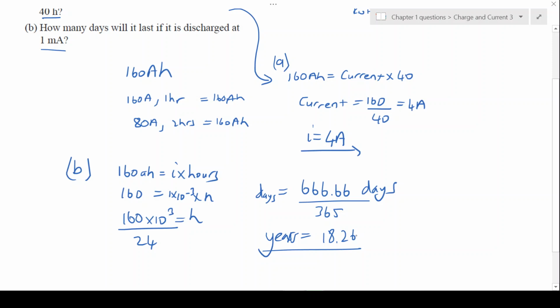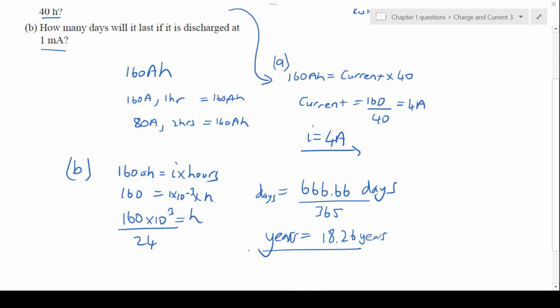So this battery, which is rated at 160 amp hours, if the current is 1 milliamp, will last me 18.26 years until it's fully discharged.